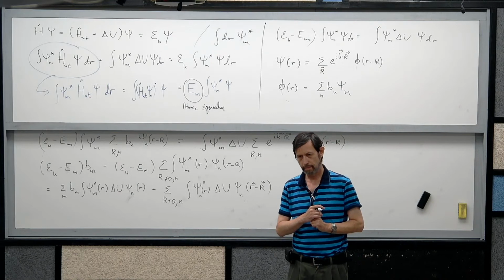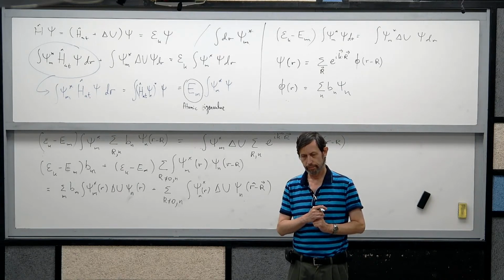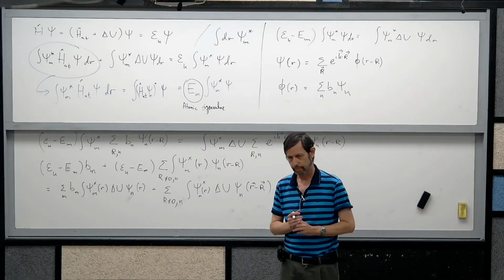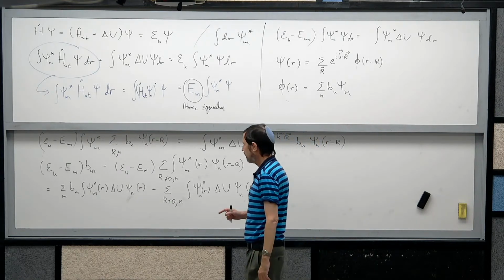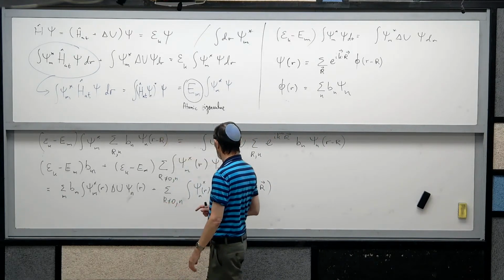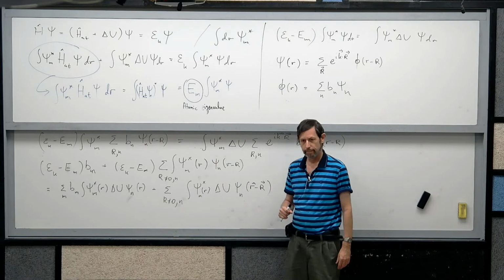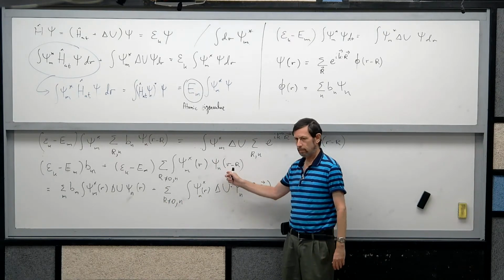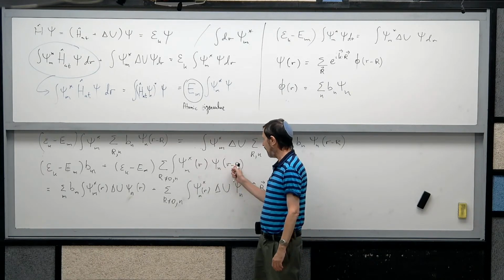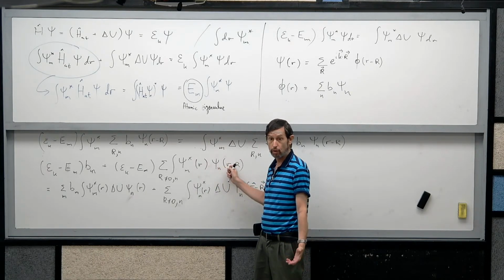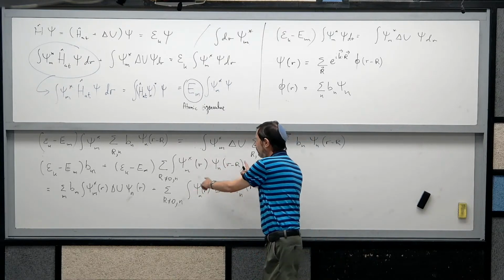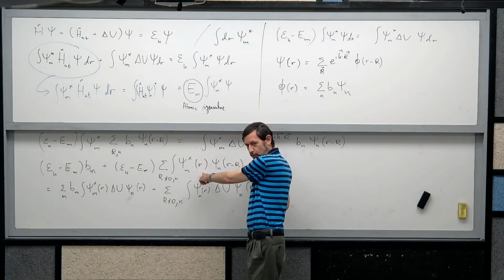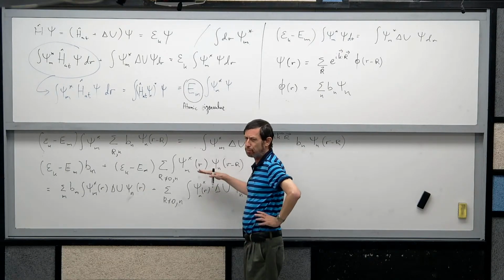Excuse me? It's not like this, it goes to zero. If R here would have been equal to 0, they are orthogonal, right? Yes. By definition. But they are here on two different atoms. Nevertheless, it would be very small.